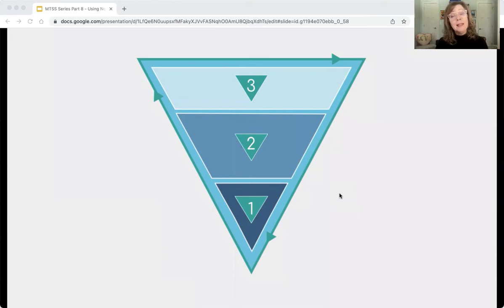We think about this like this upside down triangle. In this situation, a cut score at the 25th percentile may identify more or less than 25% of your students, depending on the skill level of the class, the grade, or even the school.